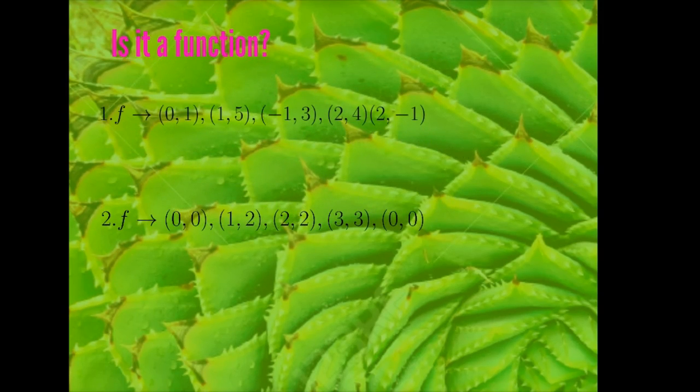Next, I want you to take a look at these sets, the set of ordered pairs, and identify if the set is or is not a function based on the outputs and inputs. Think about looking at the first question. Do any of the inputs have more than one output? Okay, we're going to go over that first question together.